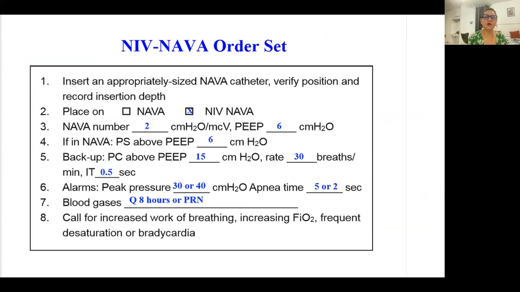When you are writing a NIV-NAVA order sheet, first of all, you will insert an appropriately sized NAVA catheter. You will verify the position, how you measure the catheter, and you will place it using those formulas. Then you will verify your position depending on the blue lines, which should be in the center.